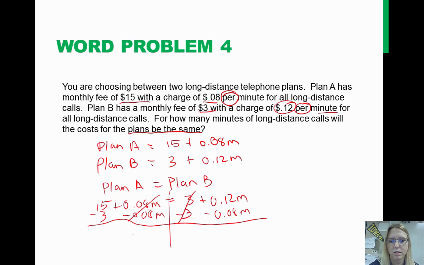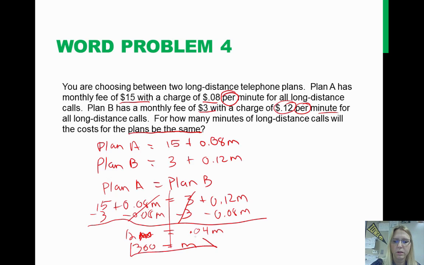So 15 minus 3 is 12. And 0.12 minus 0.08 is 0.04 M. Oh, I'm sorry, I shouldn't have had M there. This is a constant of 12. So now we're going to divide both sides by 0.04. So 12 divided by 0.04 is 300 equals M.